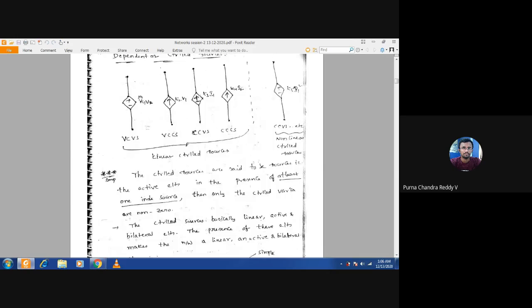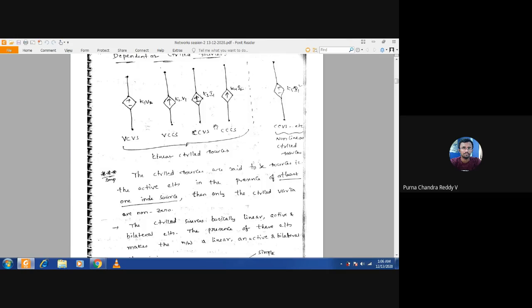The controlled sources are active elements only in the presence of at least one independent source. Then only are the controlled variables non-zero. Simply to say, all these are sources only.